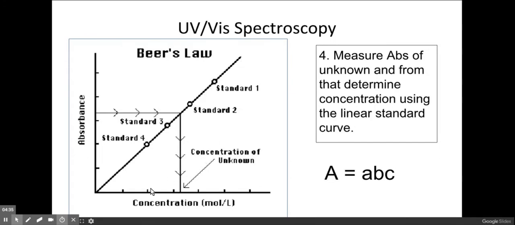We know the concentrations, and as you notice, as the concentration increases, what happens to the absorbance? It increases also. When we connect all those with a best fit line, we're going to get this standard curve.